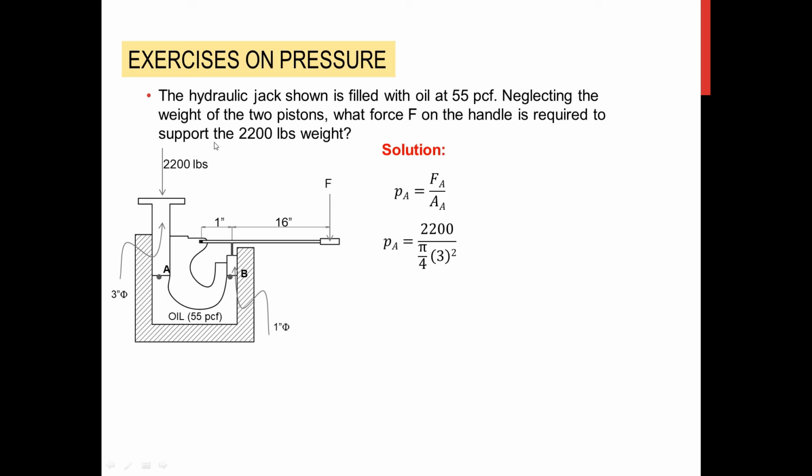Again, we are dictated by the given, so we start with the given 2,200 pounds, which involves the piston at A. The piston has a circular cross-sectional area. We can express the cross-sectional area of a circle as pi over 4 times d squared. Substituting the value, we arrive at the pressure at A equivalent to 311.24 psi.